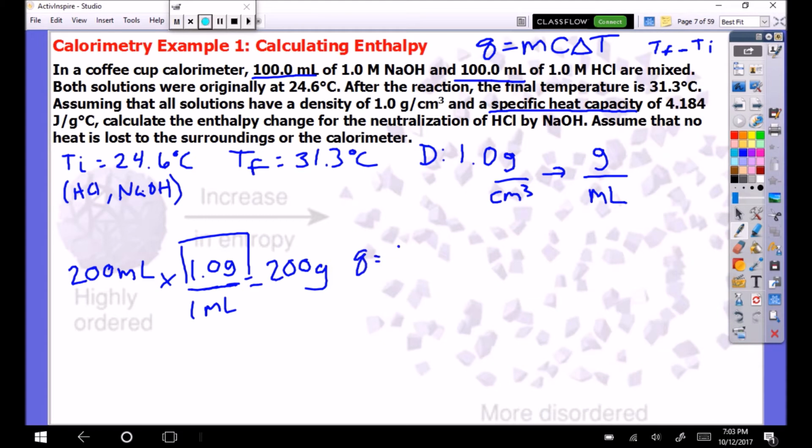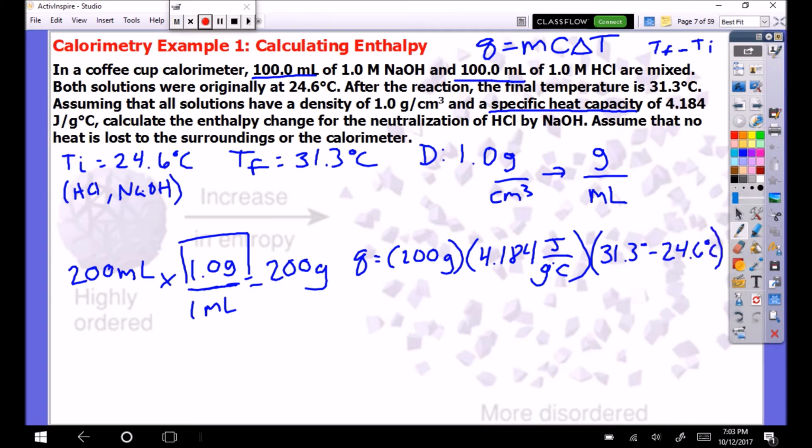Let's plug in. We've got 200 grams, and 4.184 joules per gram Celsius, and then we've got 31.3 degrees, our final temp, minus 24.6 degrees Celsius. Okay, let's plug that into our calculator.